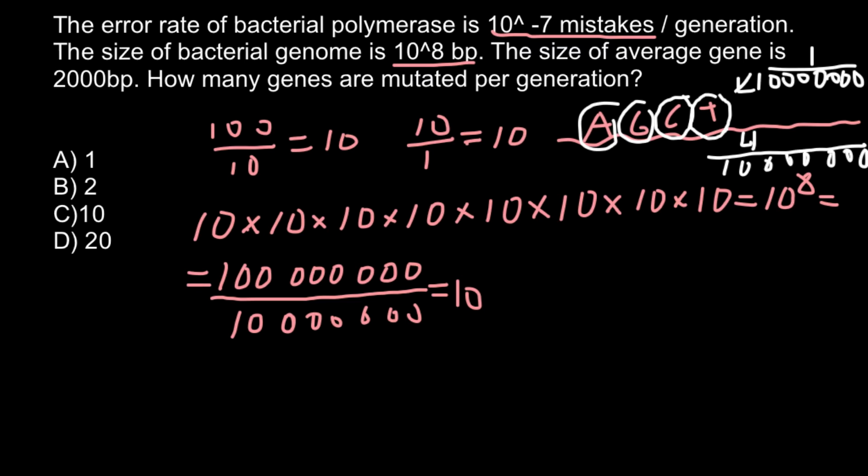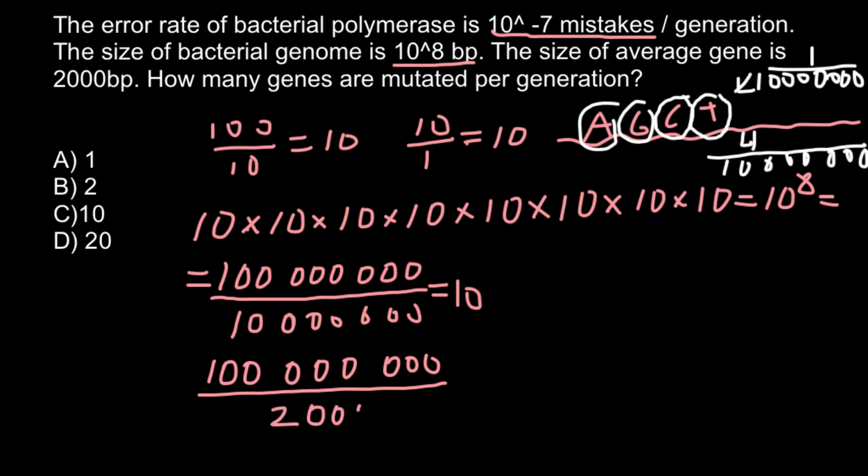By the way, you may also find that these numbers are a complete mess if you divide the total size of the genome, one more time, that is 100 million base pairs, by the average size of the gene, which, according to our problem, is 2000 base pairs.